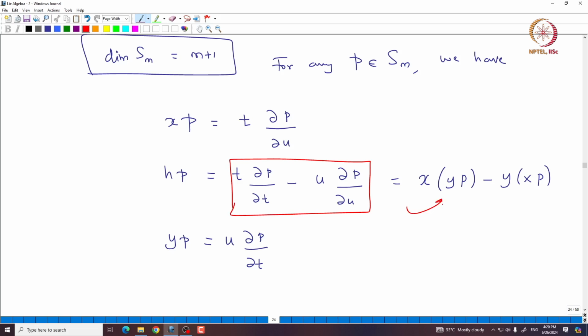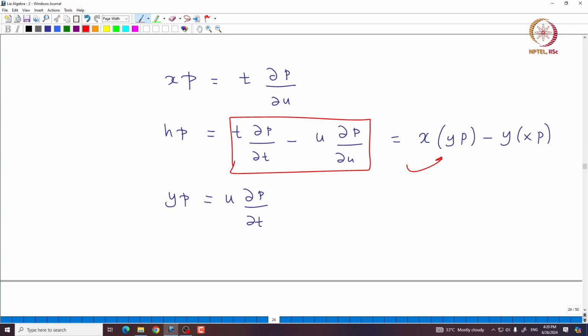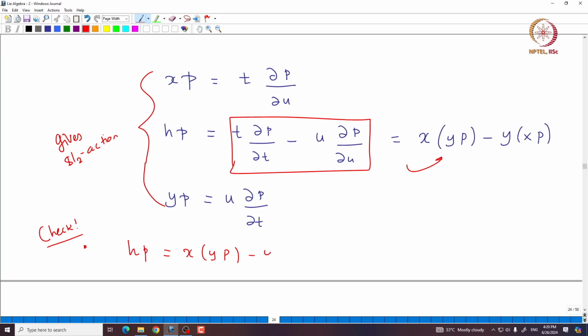So, now I will leave it to you to check, it is a routine exercise, that using this action we have the following formulas. Indeed, this gives you an SL2 action. How to check this? Basically you need to check that h acting on p is the same as x acting on yp minus y acting on xp. So, that is the first formula.